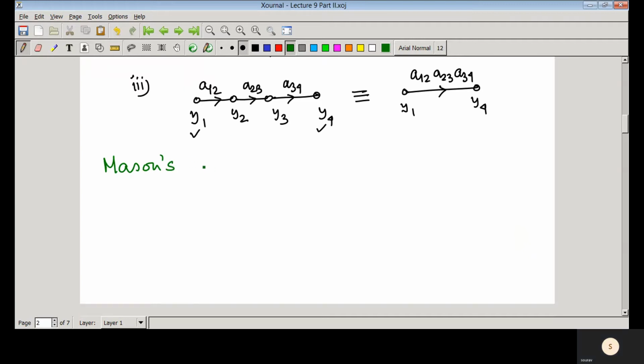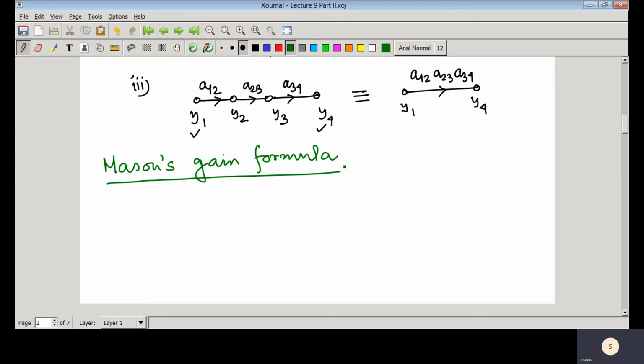Mason's gain formula. So this formula is used to find the transfer function from signal flow graph in between any two nodes.